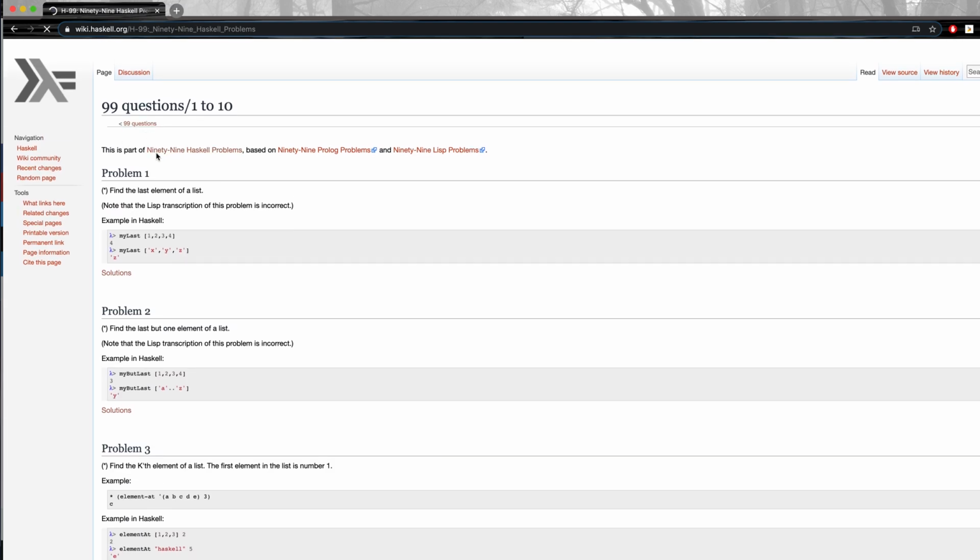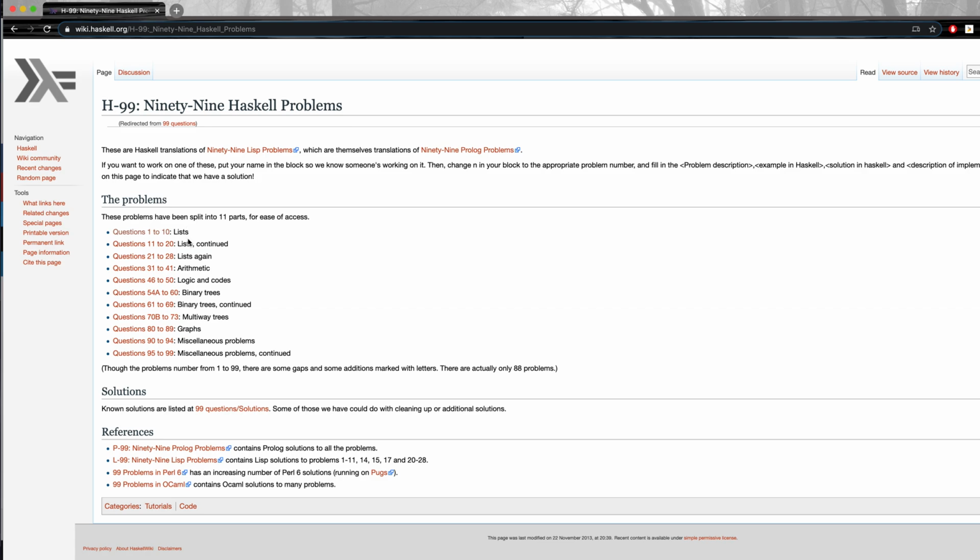And these 99 questions will go from simple lists, and lists again. So these are some complicated questions on lists, and arithmetic, logic codes, binary trees, multi-way trees, and graphs, and maybe some miscellaneous problems will cover some advanced algorithms such as dynamic programming, or say greedy algorithms and whatnot.